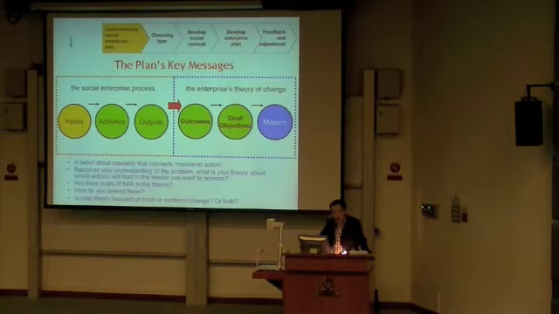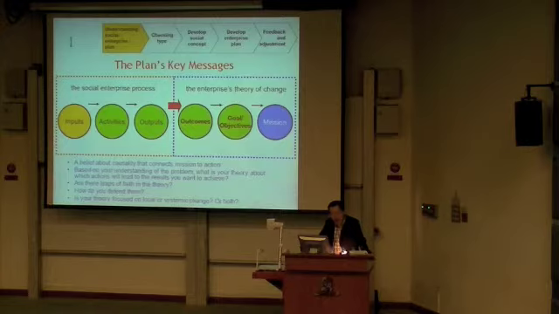Previously, we talked about a problem as the change of an existing situation into a goal situation or ideal situation. So the social enterprise process is also about wanting to make some change to achieve the mission. So the mission is the goal situation.